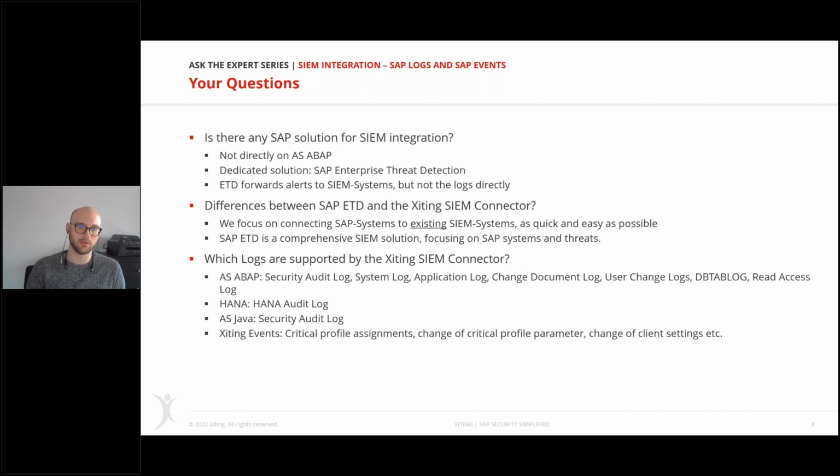And it's even extensible in a way so that customers can write their own checks. So whatever they want to check and whatever they want to run, they can write any additional class in ABAP, just run their own checks and extract their own data and send this to their SIEM system.